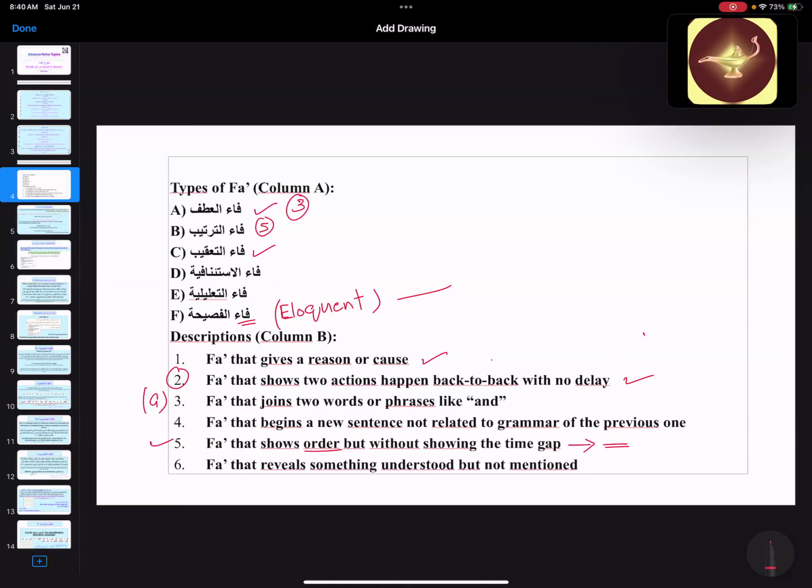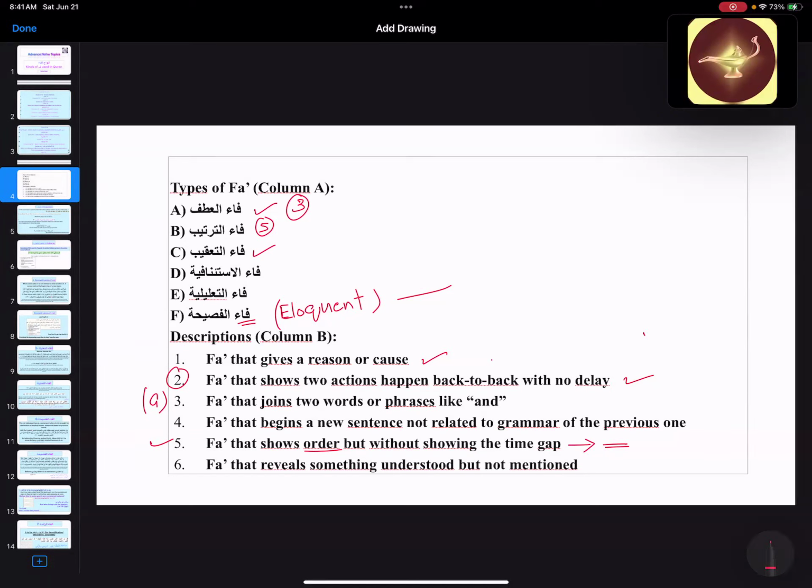For fasiha, you can remember the example of Hazrat Musa alayhi salam: "idrib bi-asaka al-hajar fanfajarat." It didn't say that he hit it and then it burst forth. The whole thing is missing, and that is fa fasiha.